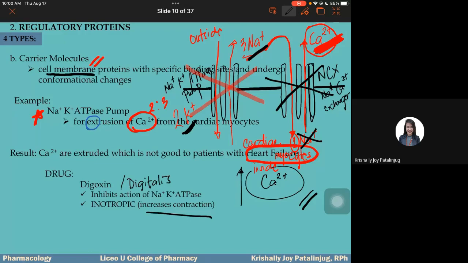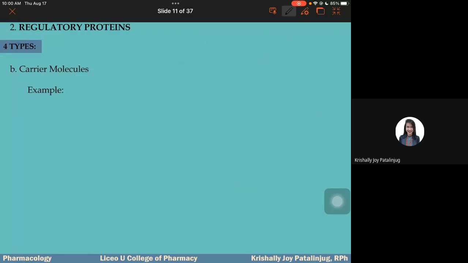Okay, good. Let us proceed with another example of a carrier molecule, the proton pump. You have learned about this. The proton pump, or the potassium ion hydrogen ion pump, is important to mediate the release of acetylcholine, gastrin, and histamine.